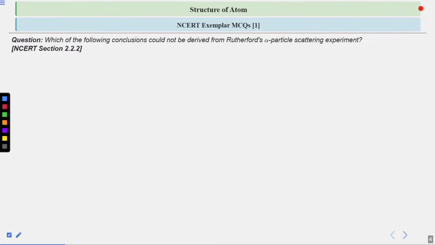There were conclusions of this experiment, and on the basis of that, he gave some postulates of his atomic model. So you have to identify which postulate is not derived from his experiment. The correct answer will be 3.